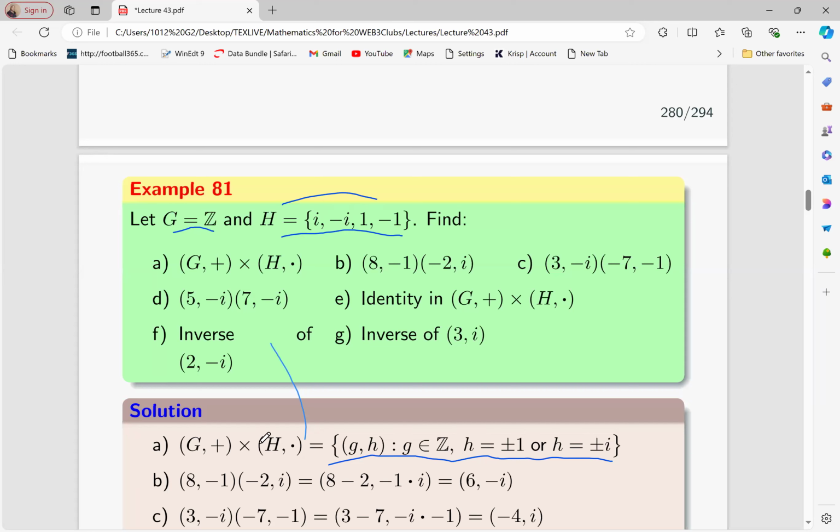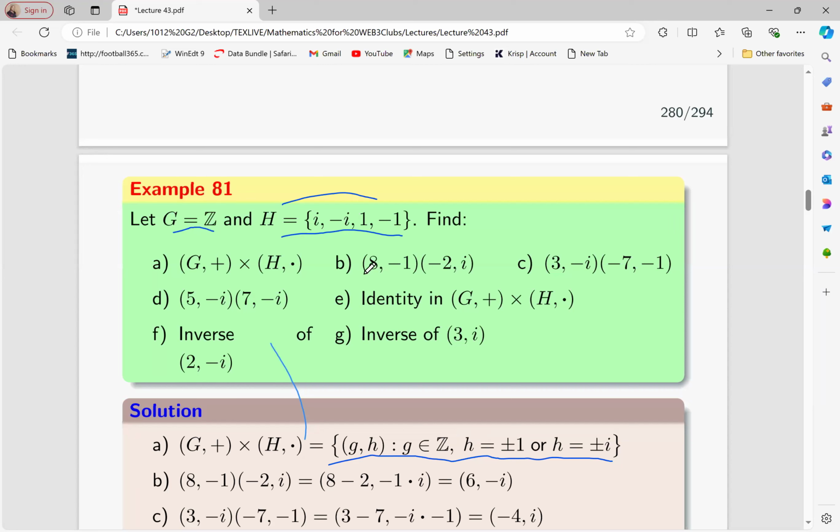So in fact, I'm just saying that the direct product of these two groups is a set consisting of the elements GH, where G is from the first group and H is from the second group.